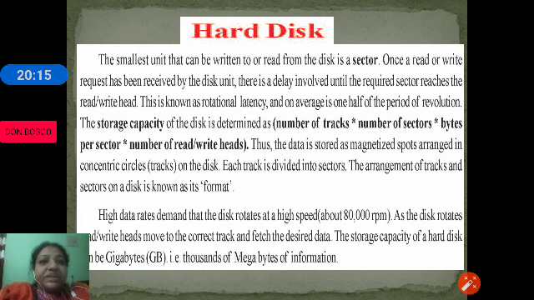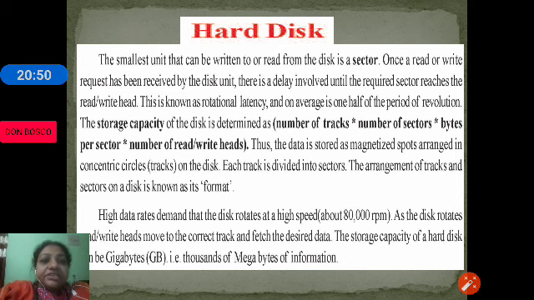The storage capacity of the disk is determined by the number of tracks multiplied by the number of sectors multiplied by bytes per sector multiplied by the number of read-write heads. The data is stored as magnetized spots arranged in concentric circles called tracks. The arrangement of tracks and sectors on a disk is known as its format.